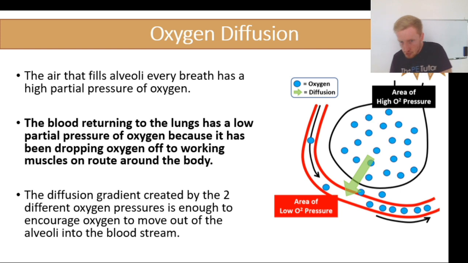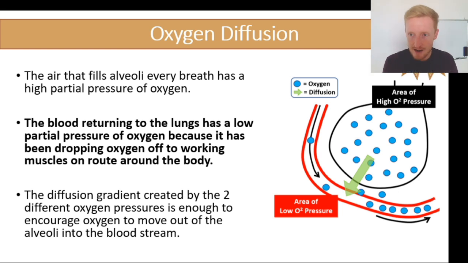So we were using up our oxygen stores, depleting and reducing how much oxygen we had in our blood in order to release energy. So whenever that blood ends up back at the lung, there's less oxygen inside of that blood because we've used it up. So there's a diffusion gradient created between these two areas, the alveoli air and the capillary blood returning to the lungs.